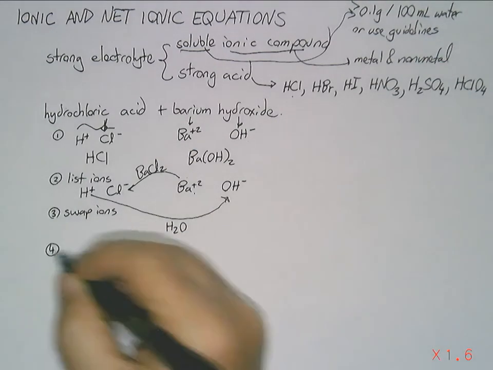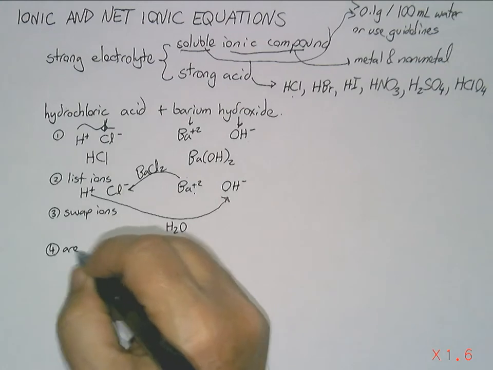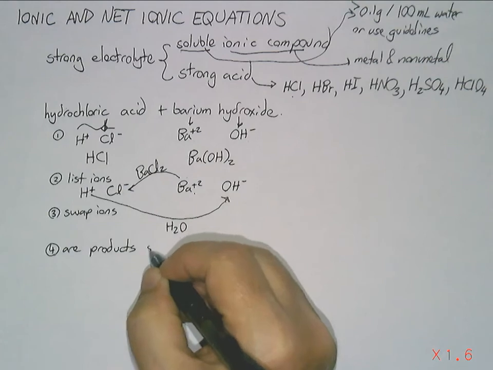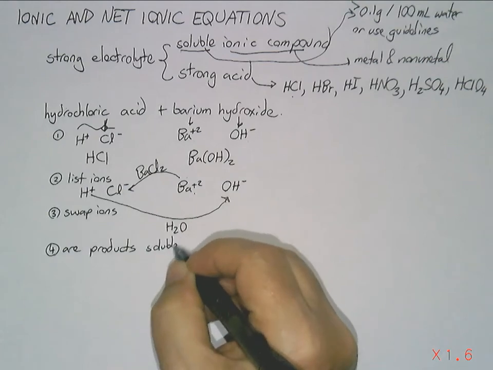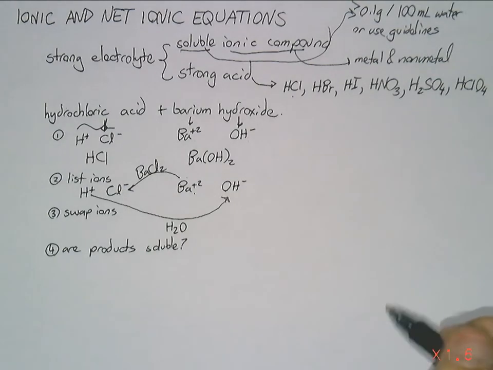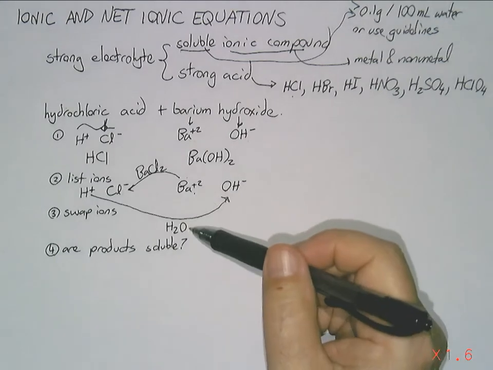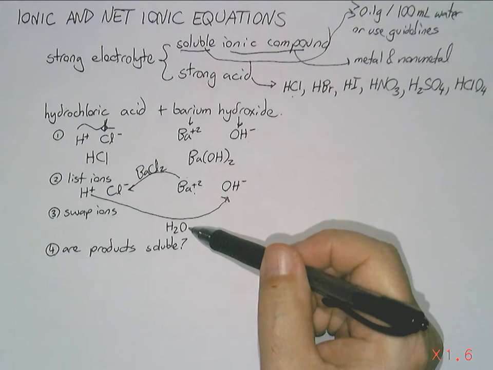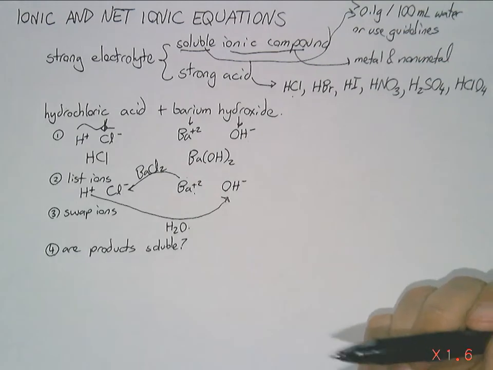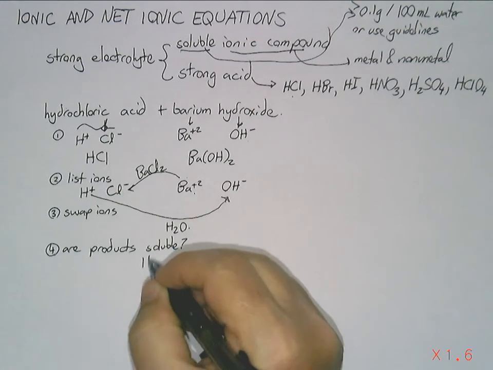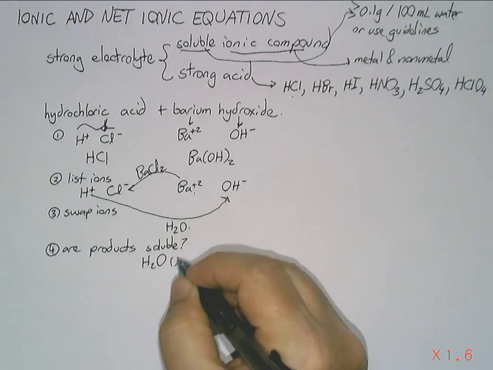The next step is, are the products soluble? Okay, water is a liquid at room temperature, so I don't have to look up whether that's soluble or not. I would probably write that as H2O liquid.